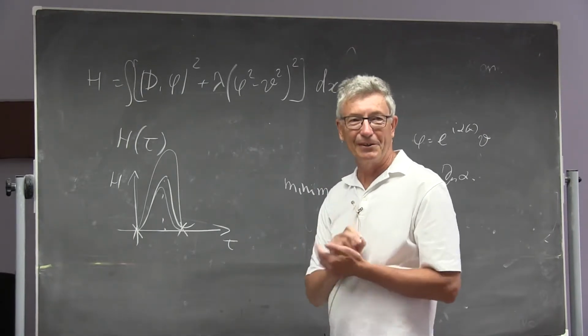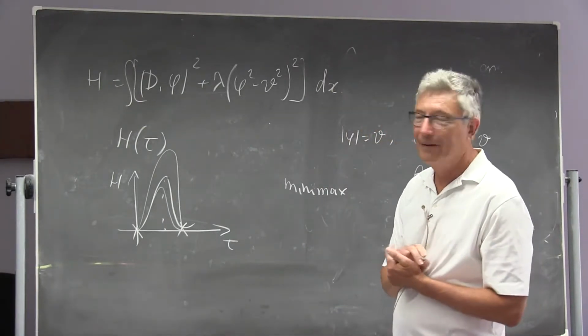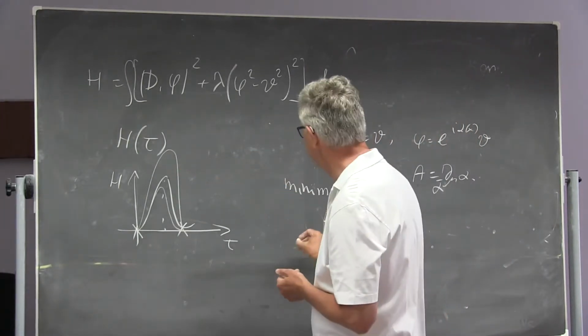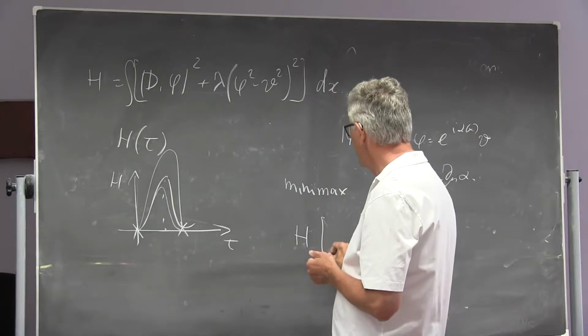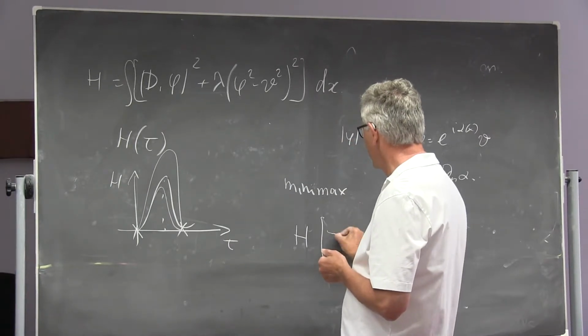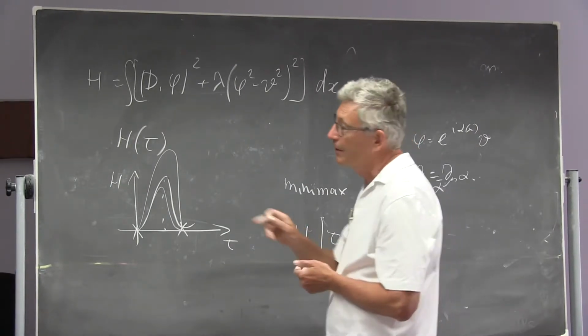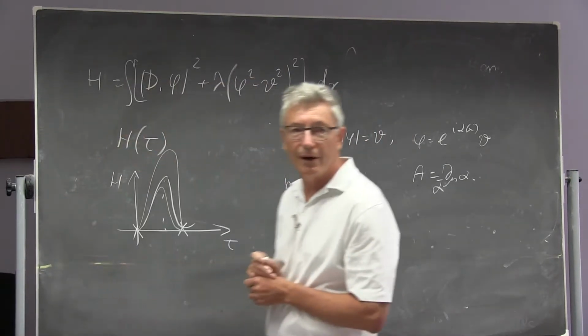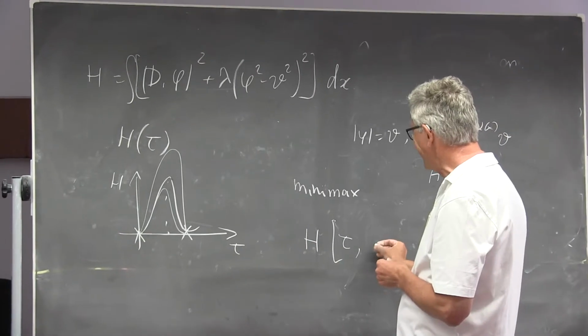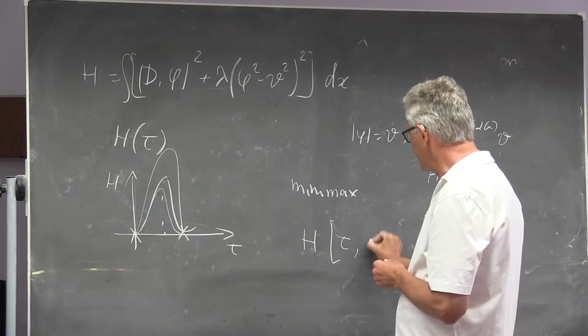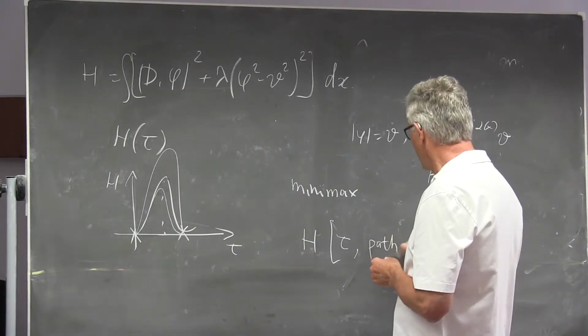So what is this mini-max procedure? You consider h, this energy, which is a function of tau, of this parameter tau, and which is also a function of the path.